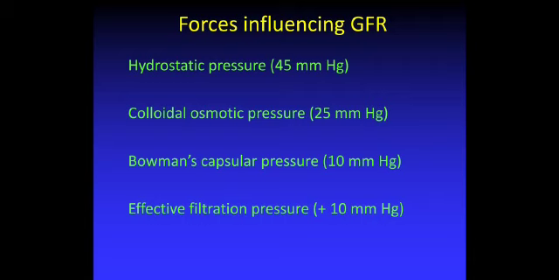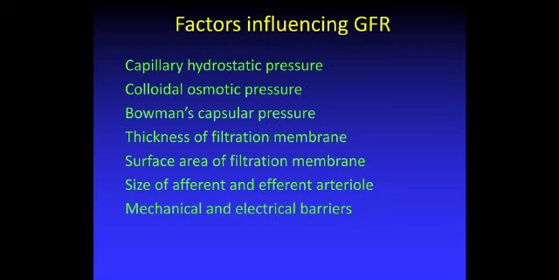We also need to know that the factors which influence GFR include renal blood flow, which is directly proportional to GFR, the thickness of the filtering membrane, the surface area of the filtration membrane, and the size of the afferent and efferent arterioles. The forces are capillary hydrostatic pressure, colloidal osmotic pressure, and Bowman's capsular pressure.